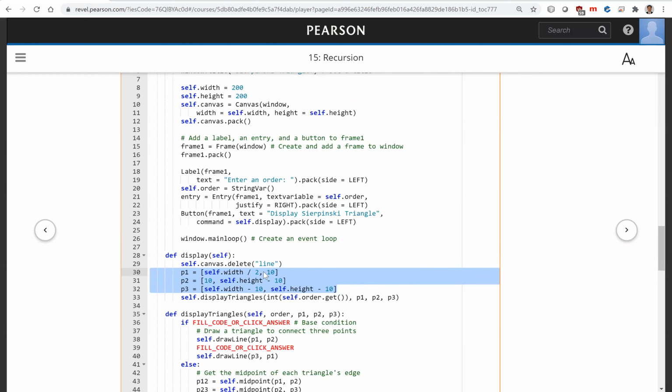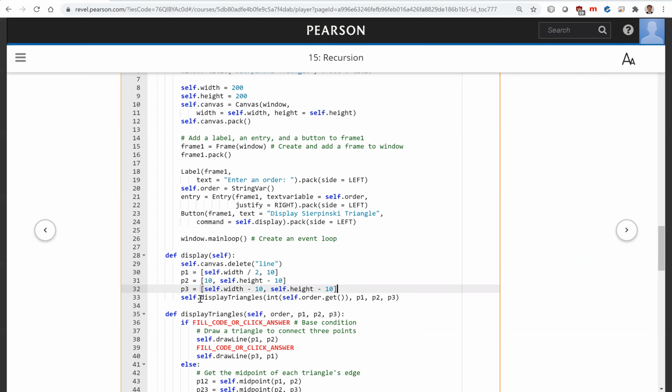The location of P1 is in the middle, up at 10 pixels. P2 is on the left, and P3 is on the right.